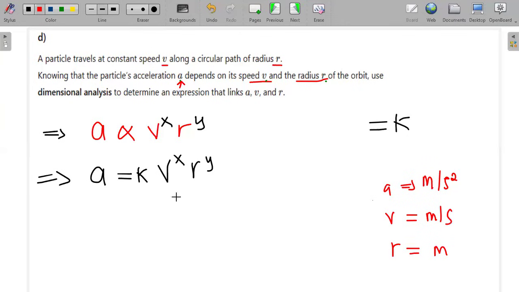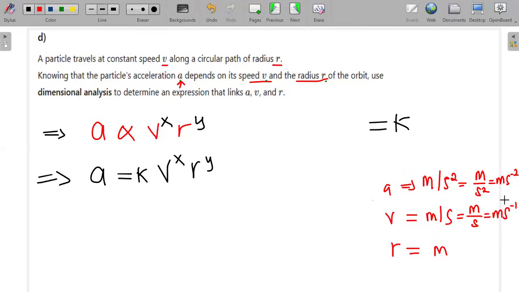So I'm going to replace them here. Now this M per second squared is the same as M divided by S to the power 2, which is the same as M S to the power minus 2. Even this guy here is the same, because the S here means it's in the denominator. So it's the same as M over S, which is the same as M S to the power minus 1. So why are we doing this?